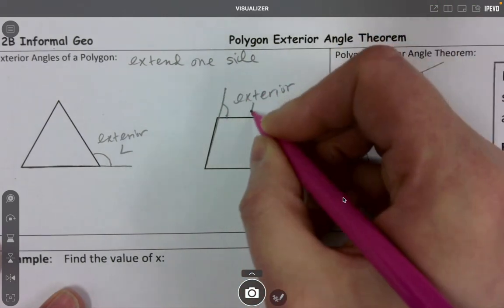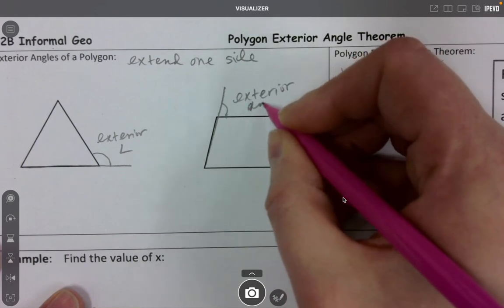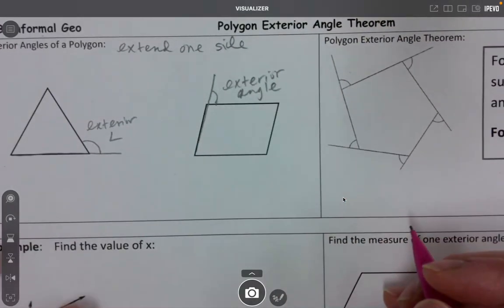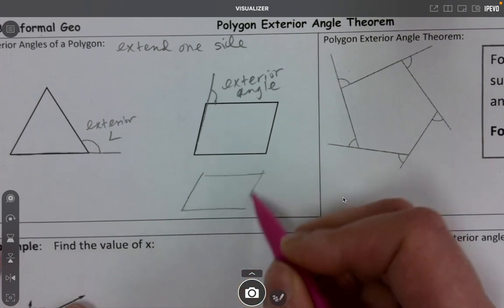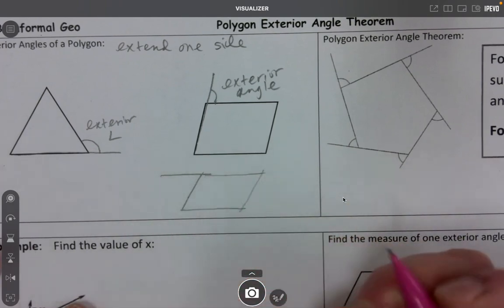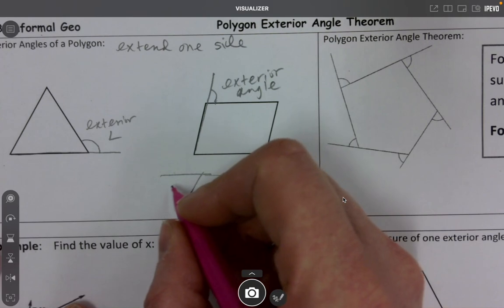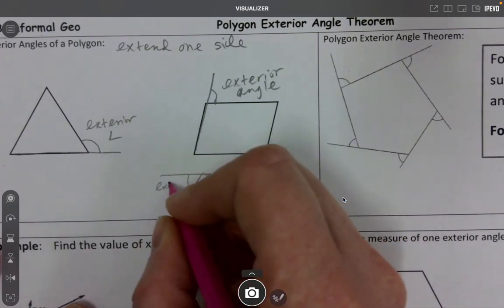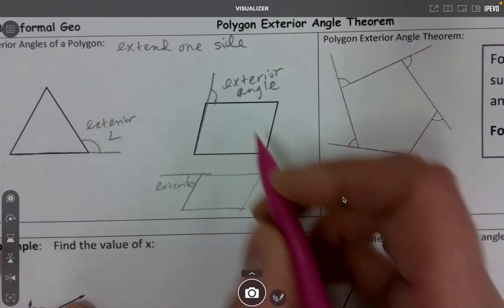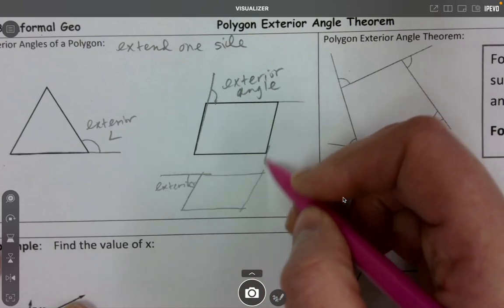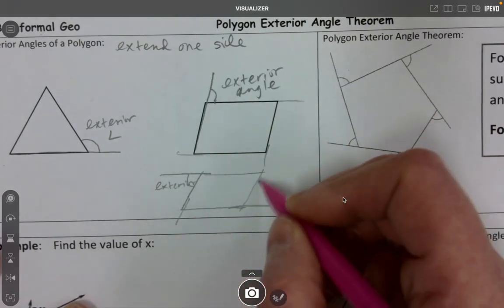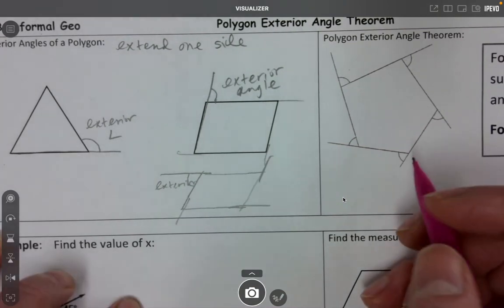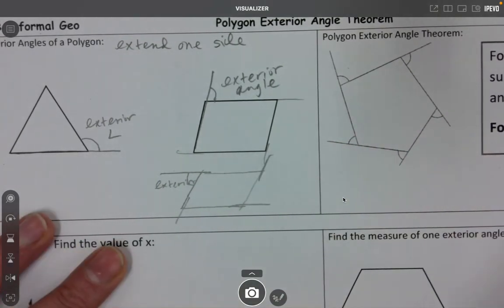So you're just extending one side. And it's interesting because I could take this same shape and extend this side instead, and I'd get a different exterior angle. It's like you could go around the shape this way, or you could go around the shape this way. Depending on how you draw them, they can look very different.